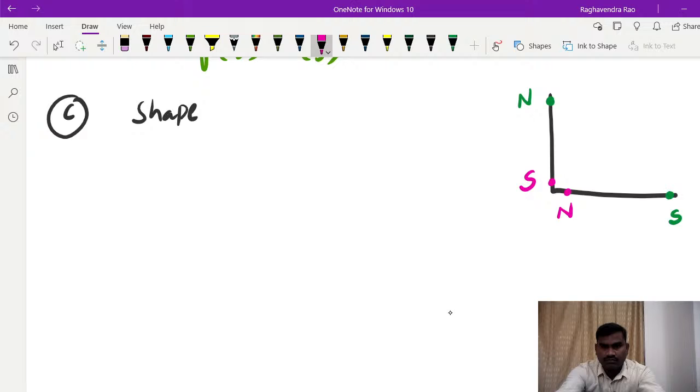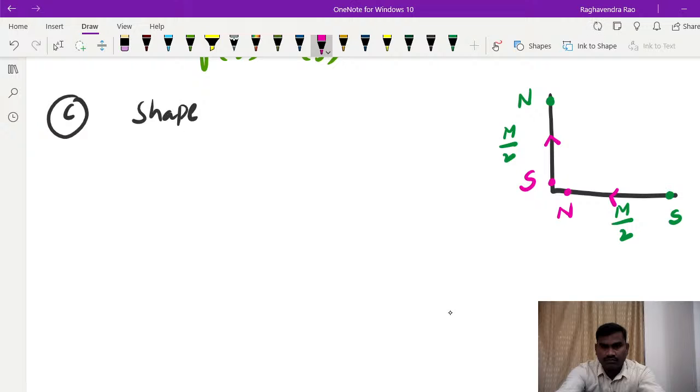Now this is one magnet of magnetic moment M by 2 and this is M by 2, directed south to north, south to north.